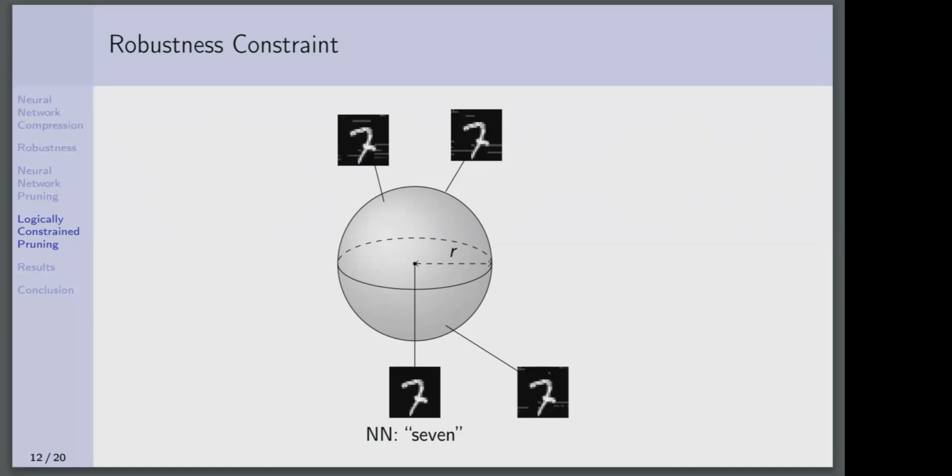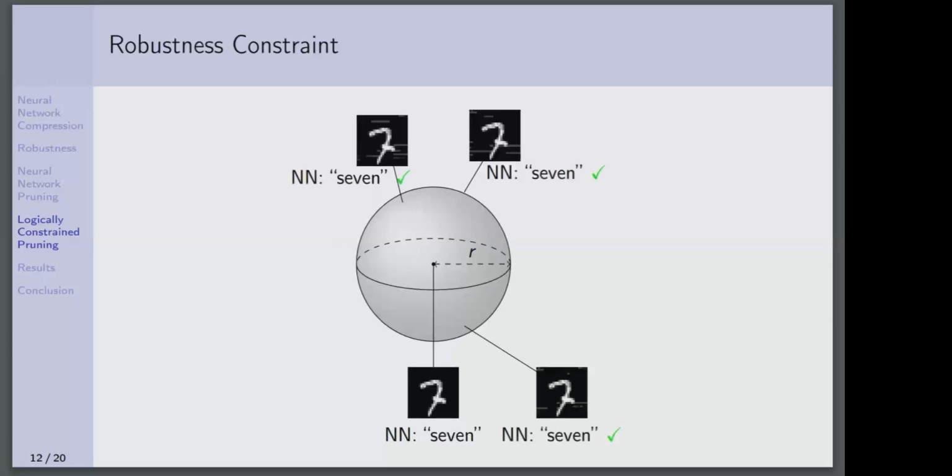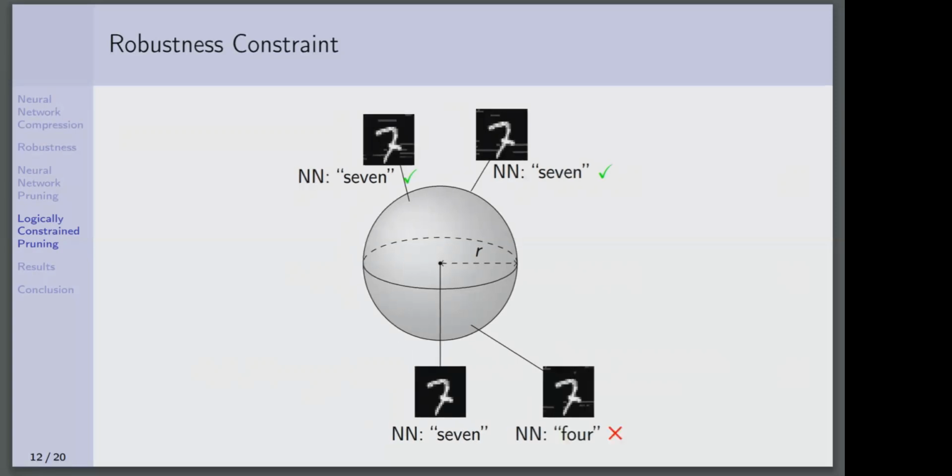So if we have some input, for example here a 7 from the MNIST data set, we draw a radius r around this input in the input space of our network, and then we sample the space around our input. You can see here we've got our number 7, and then some images which are very similar to that number but with some slight perturbation, some slight adversarial noise. And then there are 2 cases. If all of the points that we've sampled are also classified as a 7, our constraint holds. If one or more sampled points is misclassified, then our constraint no longer holds.